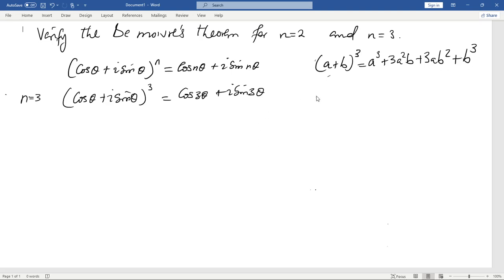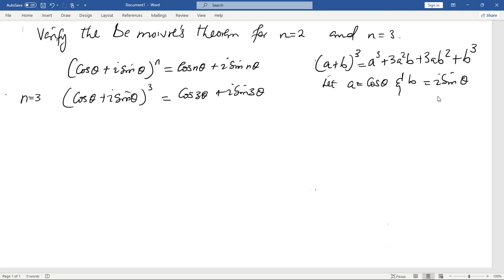So we're going to use this expansion for what we have on the left hand side. So here we know that when you expand this, you say let a be equal to cos theta and b be equal to i sin theta, like this here.